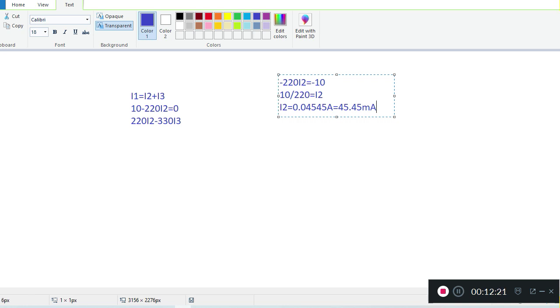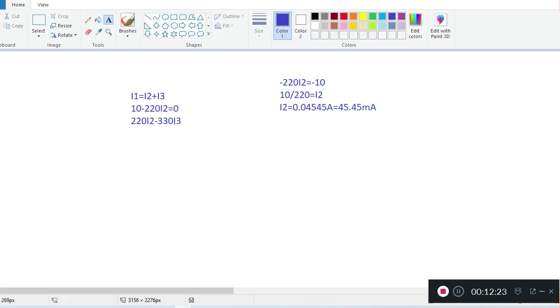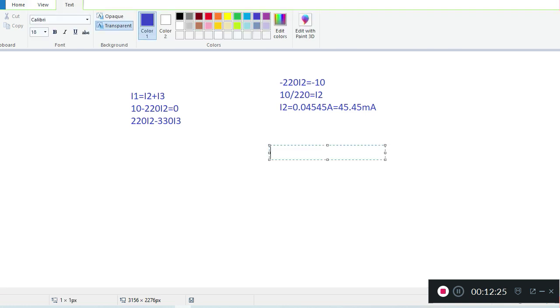Let me do the calculation for I3 over here. With respect to I3, I can say that 220 into I2, and I2 is 0.04545, then minus 330 I3.